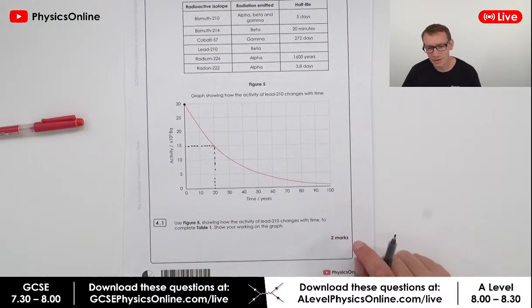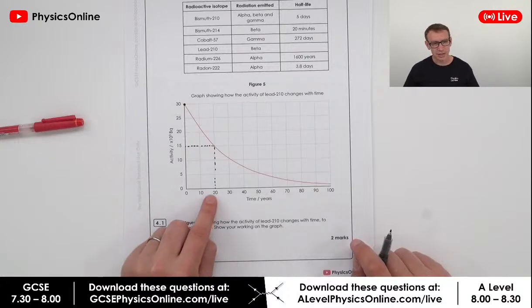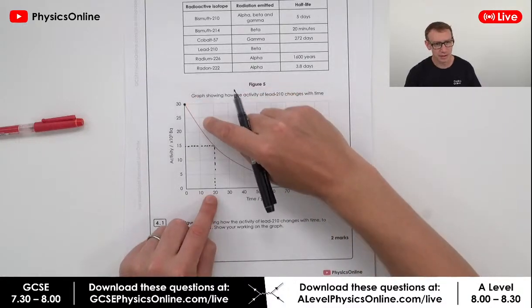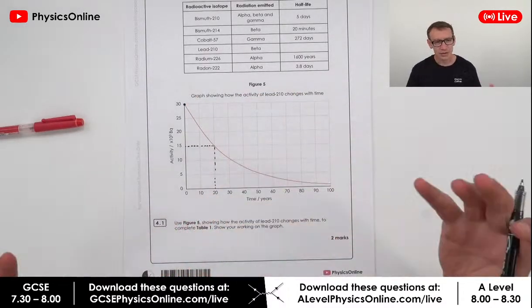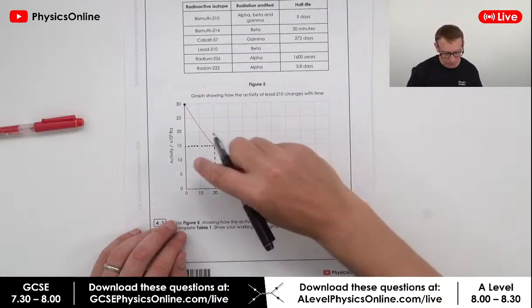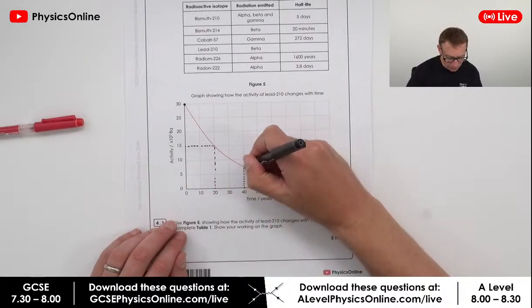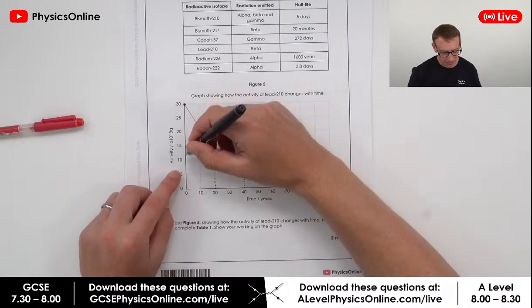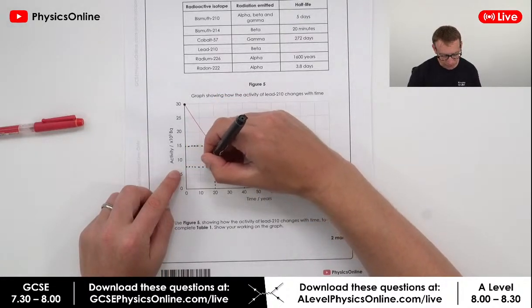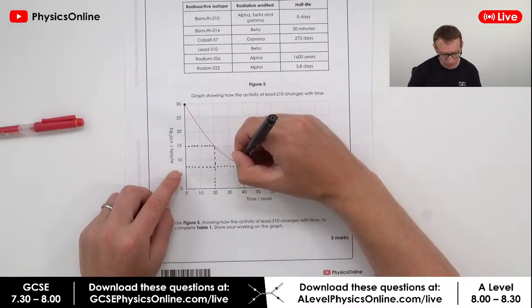So Matty, James, yeah, both of you correct. 20 years is the time it takes for this to drop from 30 down to 15. We could check it again. We could actually look at what the level is after 40 years, so that's 2 half-lives. This has dropped again from 15 down to about 7.5.